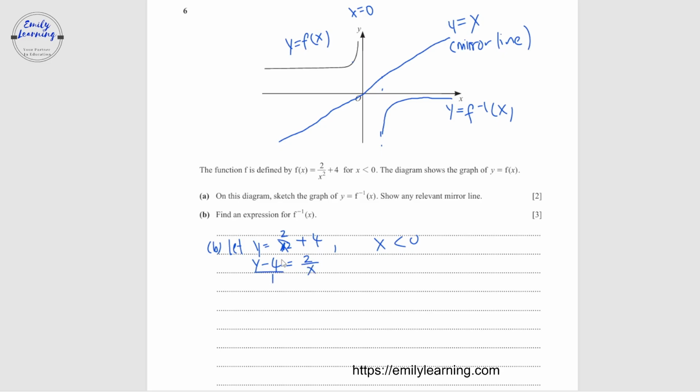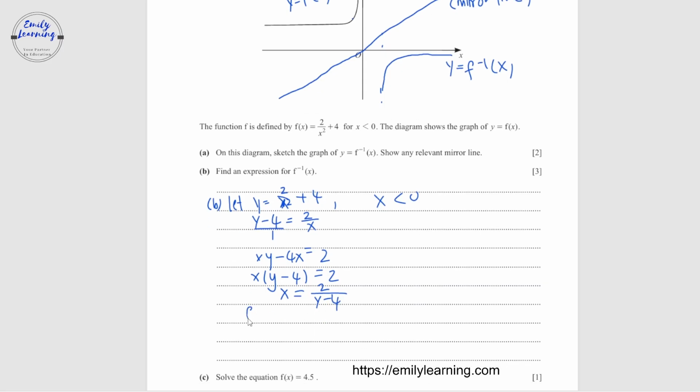Okay, so do a cross multiplication. So x squared y minus 4 x squared is equals to 2. x squared bracket y minus 4 equals to 2. x squared is equals to 2 over y minus 4.